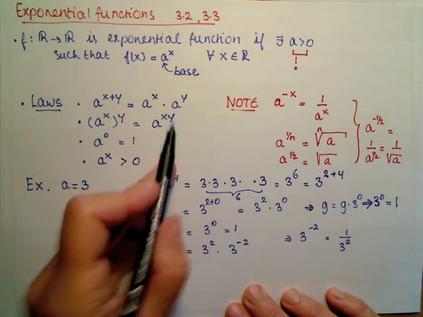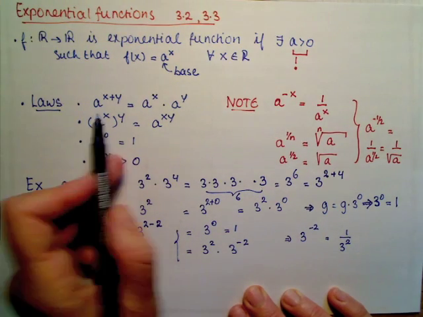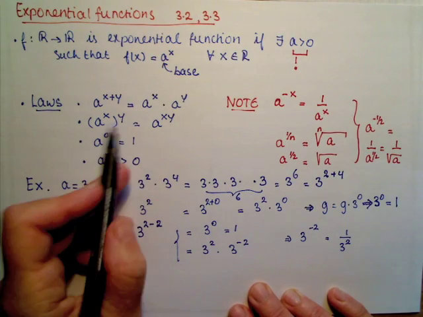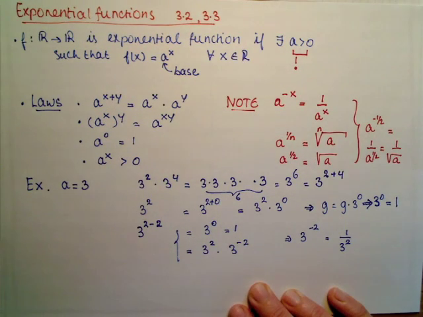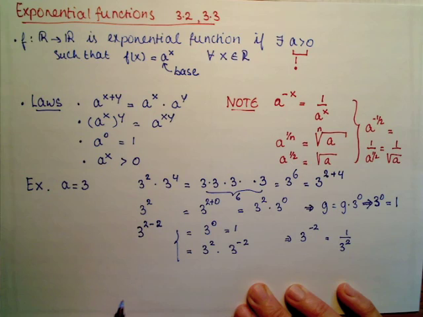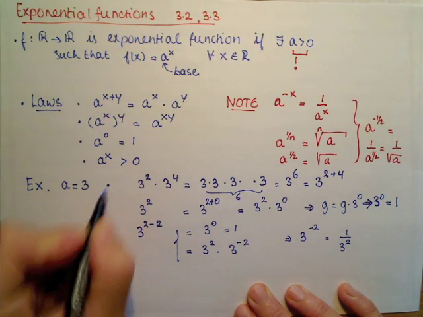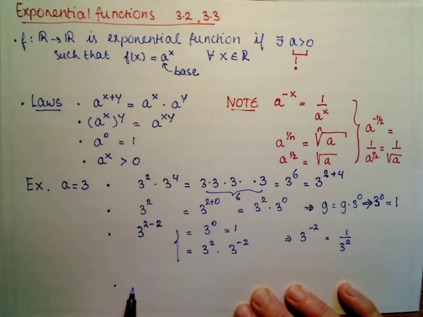Now I didn't say anything about the second law, raising a to the power x to the power y. Let us consider again an example. Take, for instance, 3 to the power 4, to the power 3.